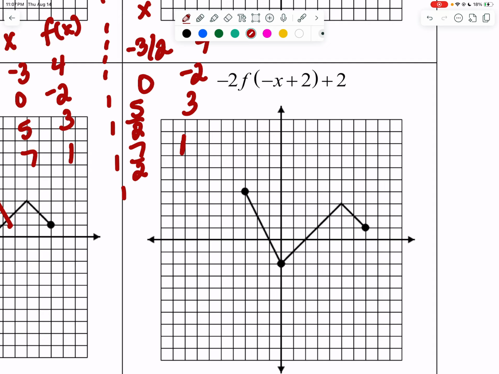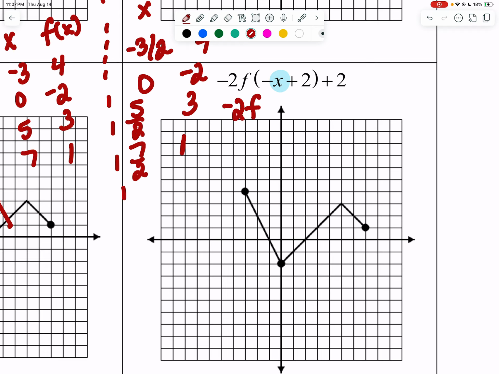Before we do that, there's also one thing that we need to take note of: your argument, your coefficient of x, needs to be 1. If your coefficient of x is not 1, then we're going to have to make it 1 by factoring some stuff out. So in this case, don't say that this is going to be a reflection over the y-axis and then left 2, because that's going to be wrong.